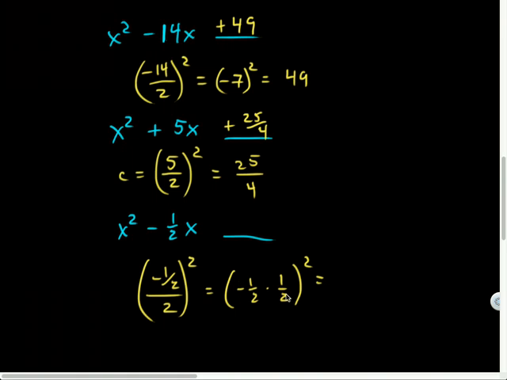And what's negative a half times positive a half? Negative a quarter. And if I square that, squaring the entire thing is going to make it positive. And now I'll just square the top and bottom. 1 squared is 1, 4 squared is 16. Right, so I would add 1/16.